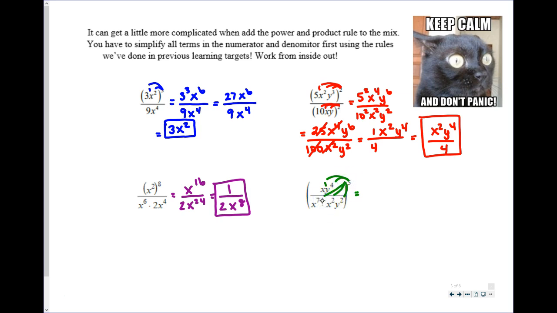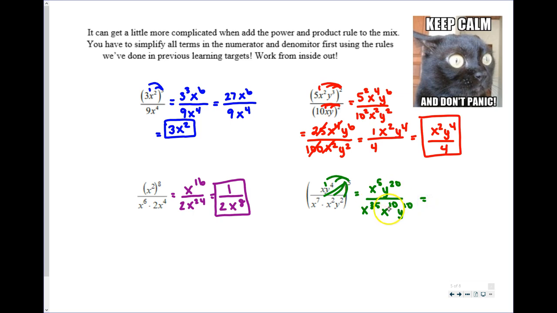Okay, so on top, I'm going to have x to the 5th, because 1 times 5. Then I'm going to have y to the 20th. I'm multiplying all these. I'm going to have x to the 35, x to the 10th, and y to the 10th.